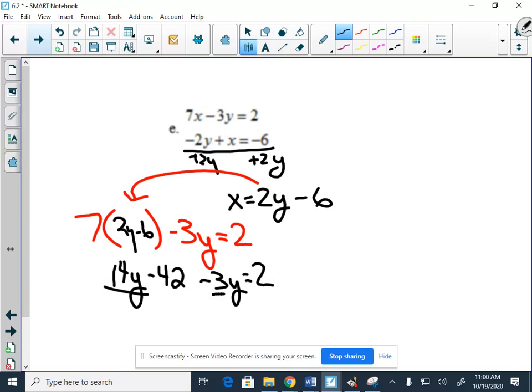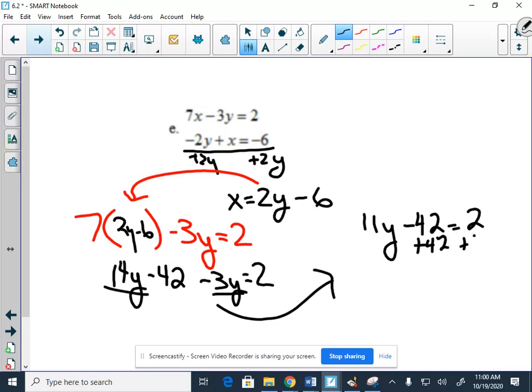Combine like terms. 14 and 3y give us 11y. Subtract 42 is 2. We'll add 42 to each side. 11y equals 44. Divide by 11. Y is 4.